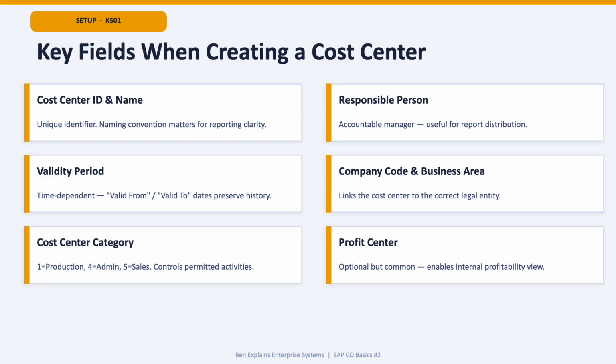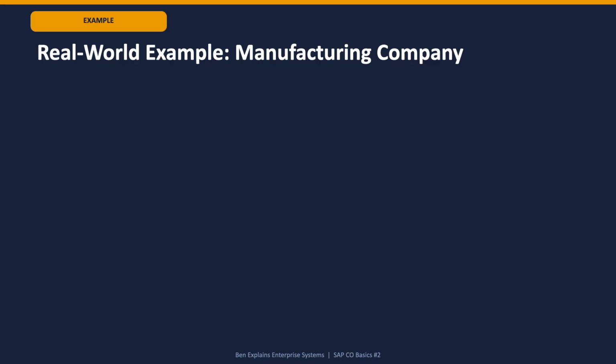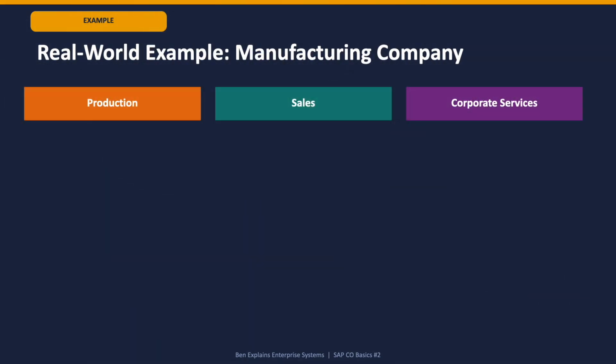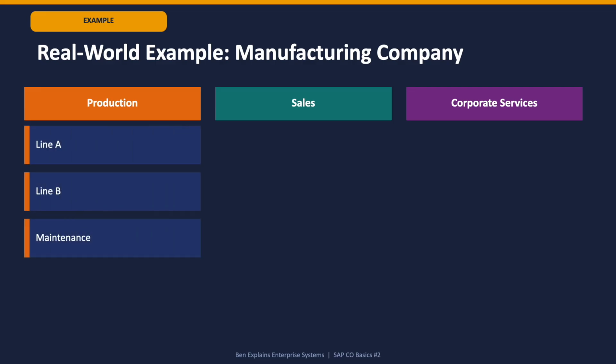Now, let me give you a quick real-world example to bring this together. Imagine you are implementing SAP for a mid-sized manufacturing company. They have three main divisions: production, sales, and corporate services. Under production, you create cost centers for each production line, say line A, line B, and the maintenance team.